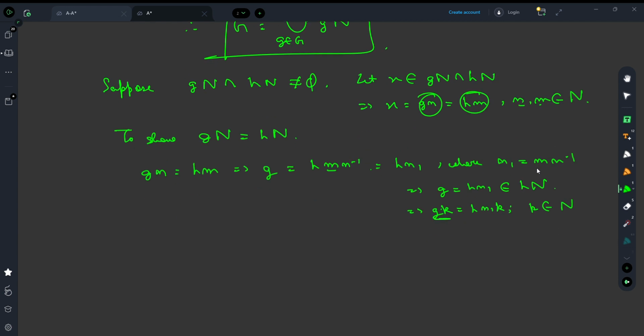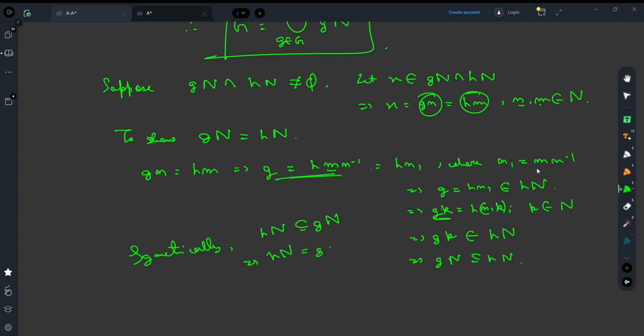So this is an element from gN we are starting with typically. Now n1k is again an element from N. So this implies gk is in hN. But gk was an arbitrary element from gN. So that implies gN is contained in hN. Right? Therefore, we can just reverse all these arguments symmetrically. Symmetrically, hN will also be contained in gN, which implies hN is equal to gN.